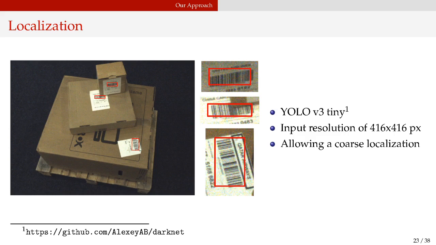The tiny version with the network input size of 416 squared allows us a fast processing of the total number of 5 camera images. With the original size of the images of 12.4 megapixel, we can only expect a rough localization of the barcodes. As you can see in this picture, the YOLO bounding box, denoted in red, does not always cover the whole barcode. Therefore, we always increase the size of the YOLO bounding box by about 13%.